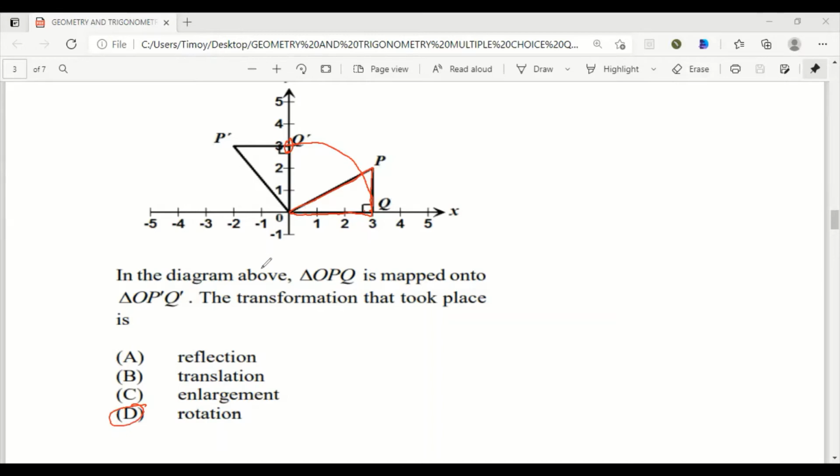If it was an enlargement, then the sides would be enlarged, the size of the figure would change. And if it was a reflection, then you would have a mirror line, and when you look in the mirror, you are reflected and you look back at each other. So clearly this is a rotation.